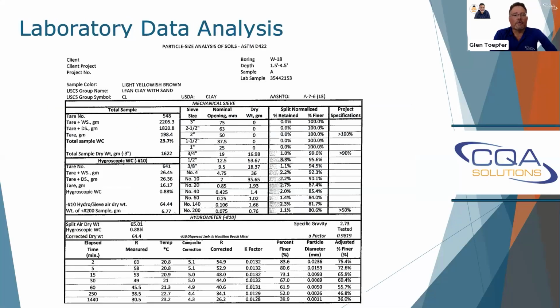Looking at the laboratory data sheet, I just included this to show you the different sieves they go through. And then to get your fines below the number 200 sieve, they use a hydrometer and give you the values, and they figure out the different percents. That's what somebody needs to look at to determine if the material meets the requirement for the project or not.